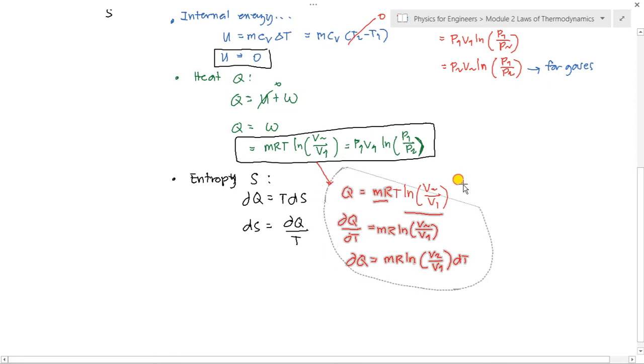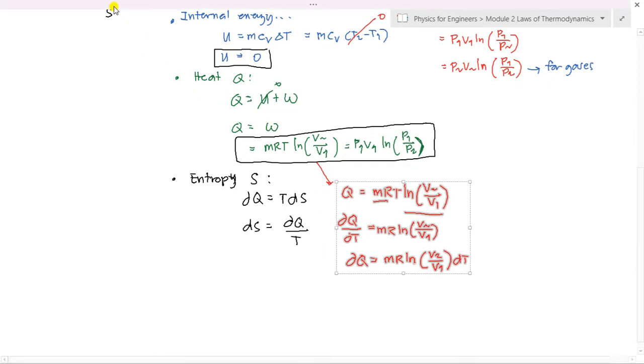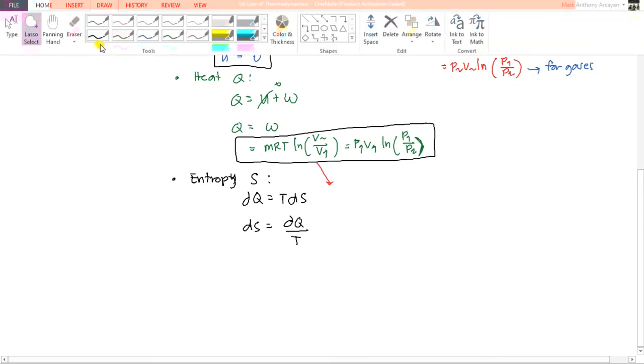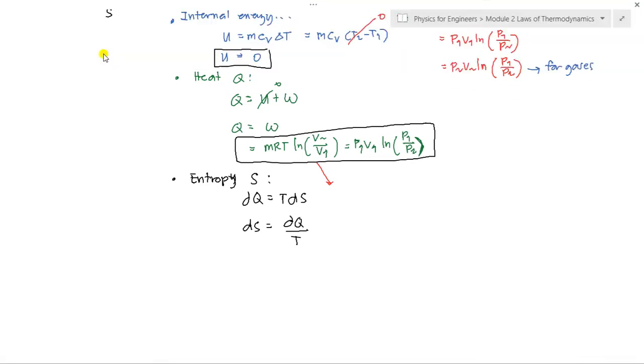So s becomes q over T. Again, there is no derivative of s since q has no change; its value is constant. All these parameters here are already constant.